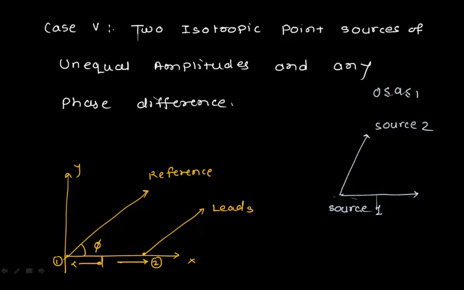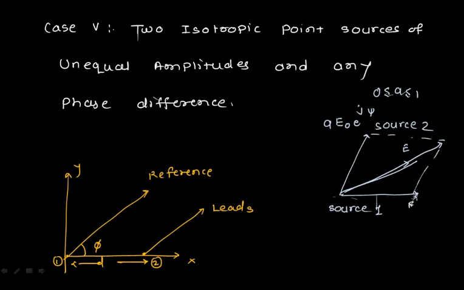So the amplitude of source 2 will be AE0, and its phase will be e raised to j psi. Now this is the resultant field here. They have unequal amplitude.